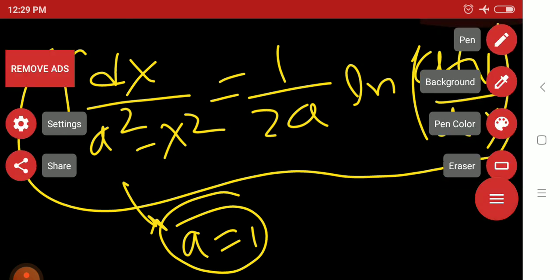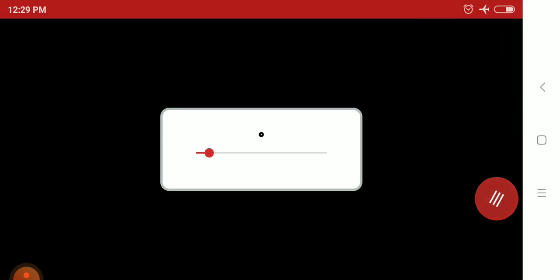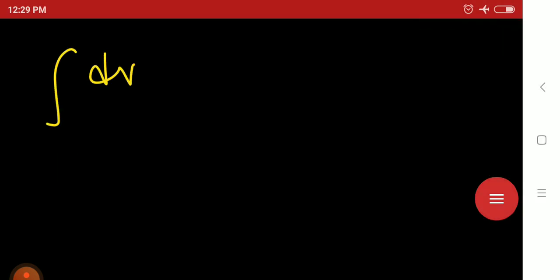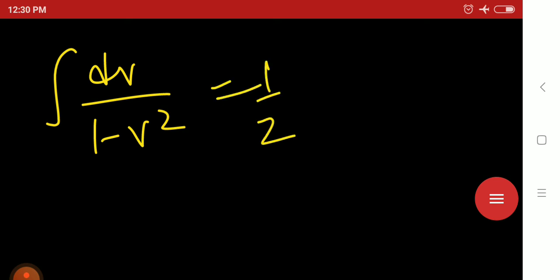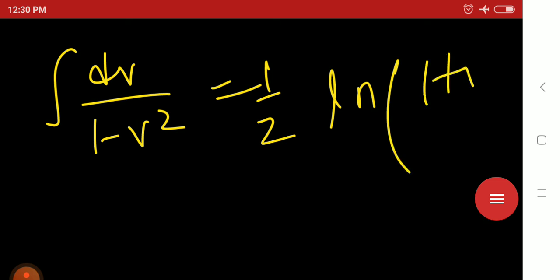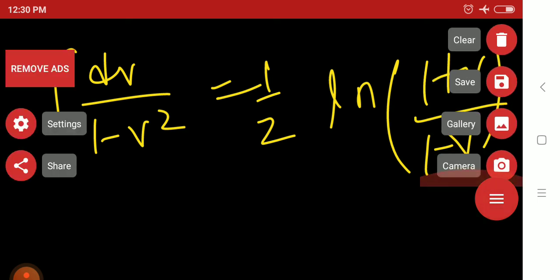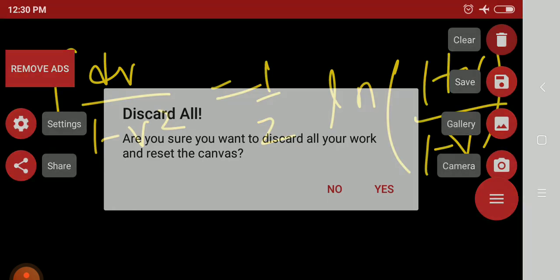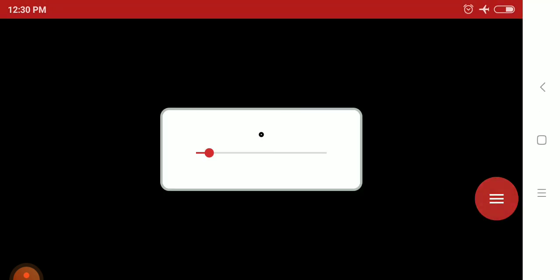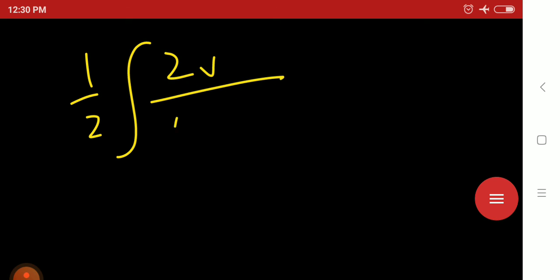So if we put dv by 1 minus v square, we will get 1 by 2 log 1 plus v by 1 minus v, this term. And another integration was there. What is that? Half into integration 2v by 1 minus v square into dv.